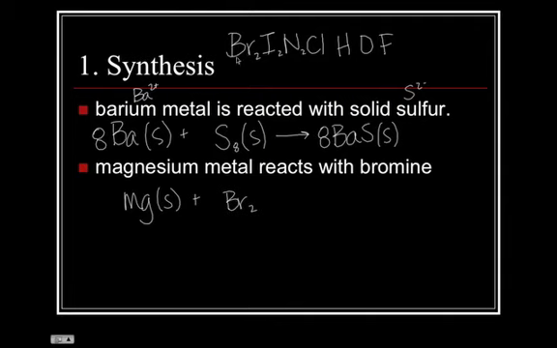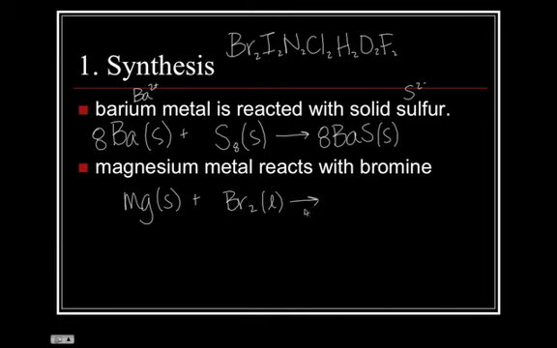And so for bromine, instead of just being Br, it would actually be Br2. So, and bromine at room temperature, which if they don't give us the conditions of the reaction, we can assume that they are happening at room temperature. Bromine at room temperature is a liquid.